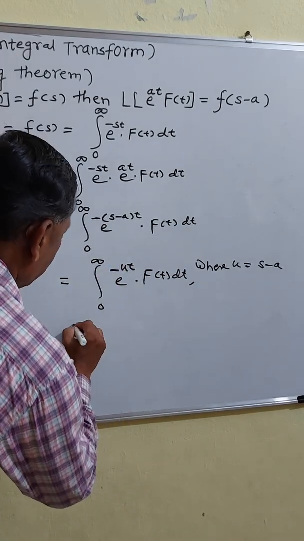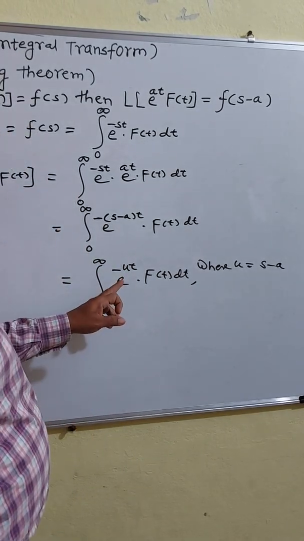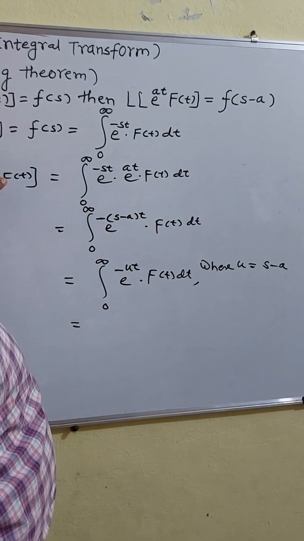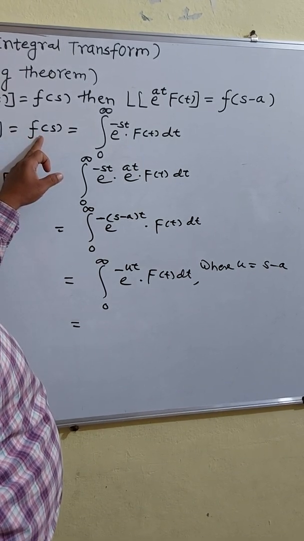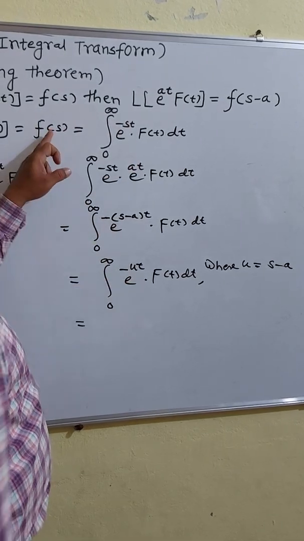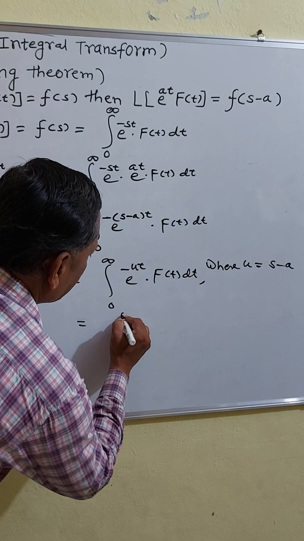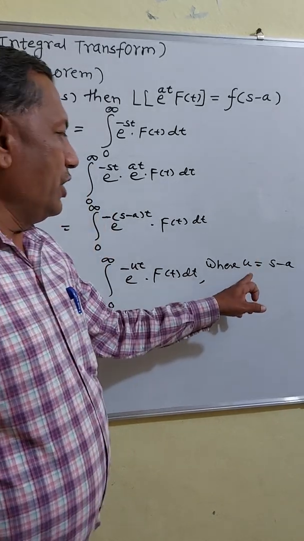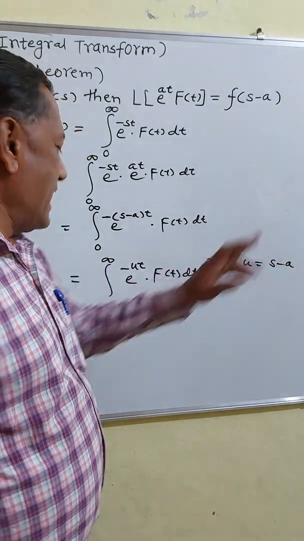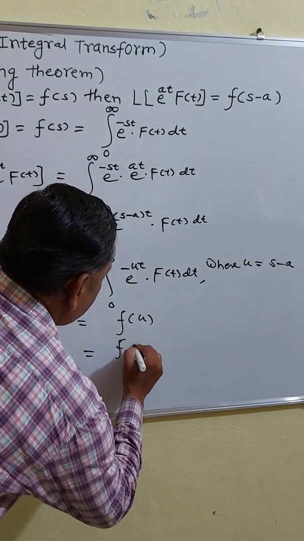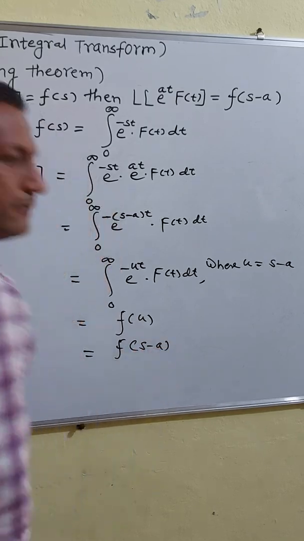Therefore, this is the Laplace transform of f of t, isn't it? Meaning F of s, and here F of u. But what is u? U is s minus a. Therefore it is equal to F of s minus a.